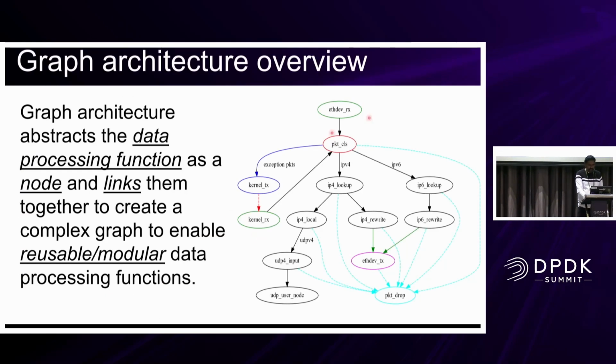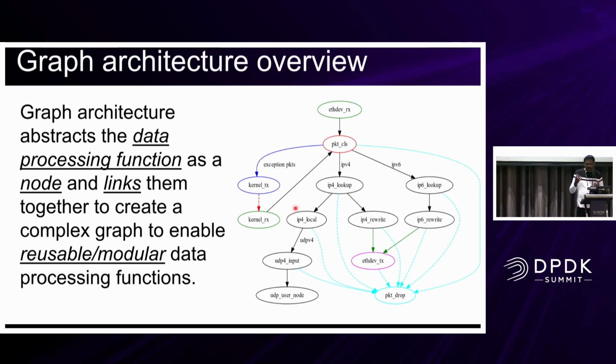So let's get into the architecture. Graph architecture basically abstracts a data processing function as a node and links nodes together to create a complex graph, to enable reusable, modular data processing functions. That means you can think of each node as a library.